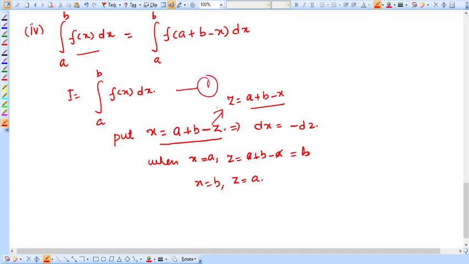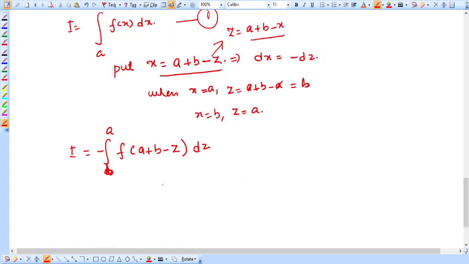in equation 1, we get I is equal to integration from b to a, and inside you will be having f of a plus b minus z, and here minus dz. So I'm simply writing dz here and the minus sign is taken out of the integration sign. Now using property number 1 we can change the variable.